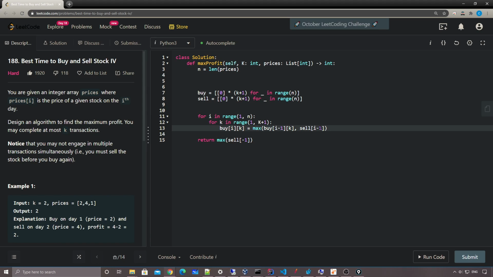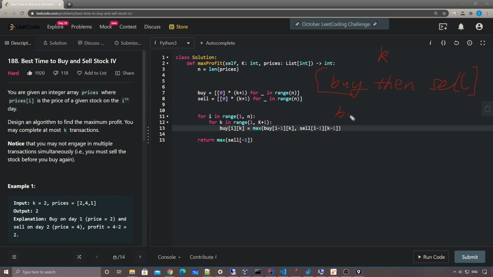So if we sell it, then it means that on the I minus one day, the last transaction is sell, and the transaction will be K minus one, right? So remember, buy and then sell, this is one transaction. So this is the transaction K here.